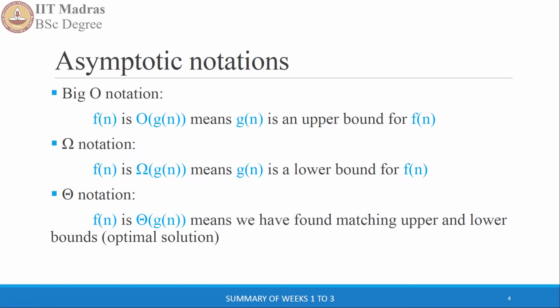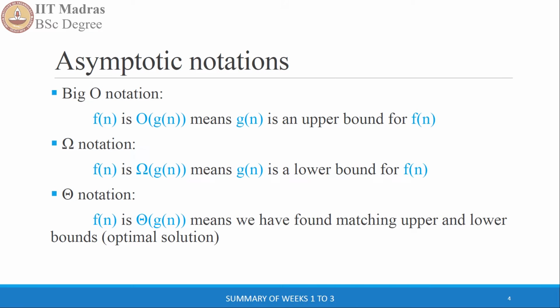And now the third notation, theta notation, guarantees upper bound as well as lower bound, which means if f of n is theta of g of n, then the solution we found guarantees upper and lower bound, which implies that the solution we have is the optimal one.